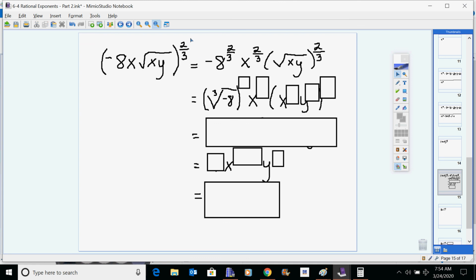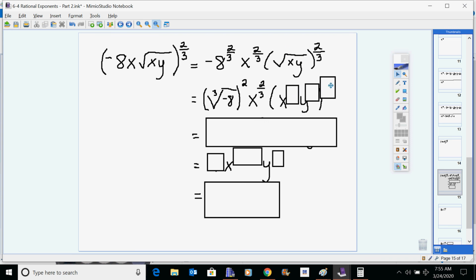Now this is its own piece because the square root of y acts as its own unit here. Don't forget then that we're going to take the cube root of negative 8 and square it. This one I'm going to leave alone as being 2/3 for a moment.